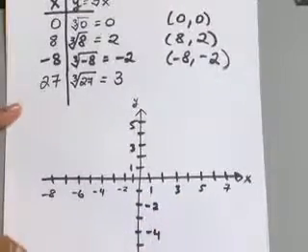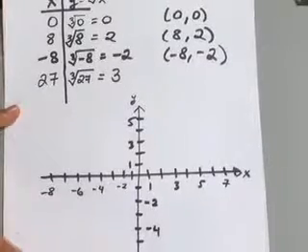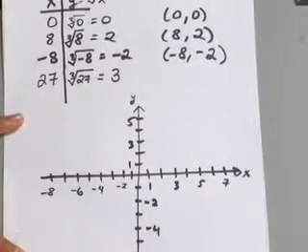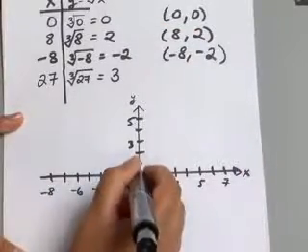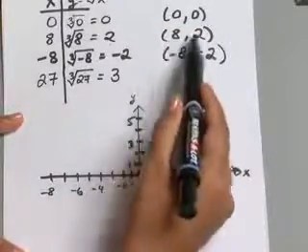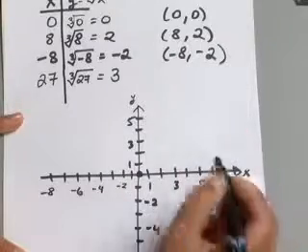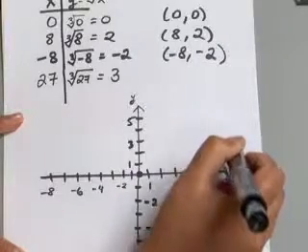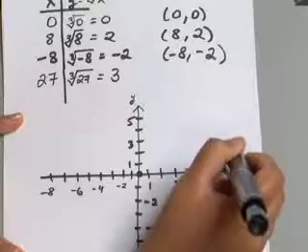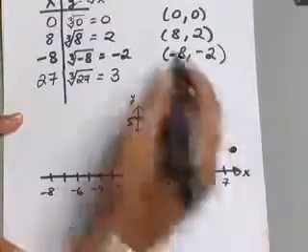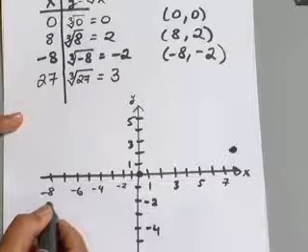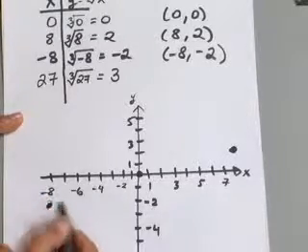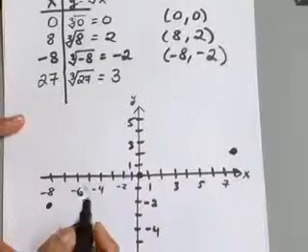Once you mark all your points on your axes, let's start plotting these points. Your first point was (0, 0), which is at the origin. Your next point is (8, 2), so that will be a point somewhere here. And then the other point was (-8, -2), which will be a point on the negative side, something like this.